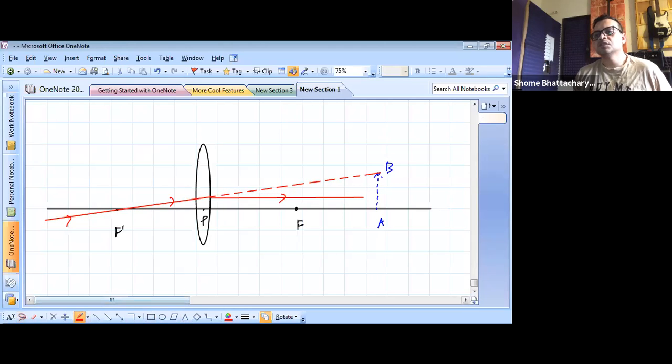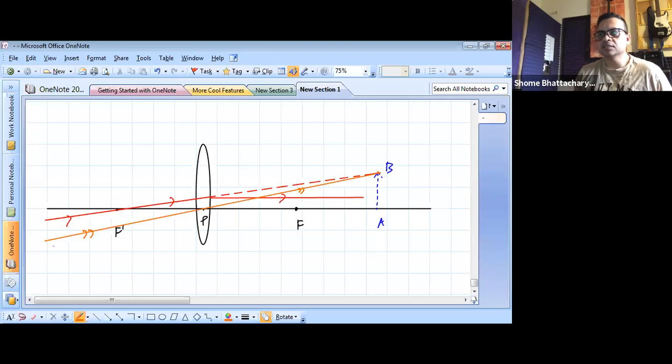And similarly, a ray through the pole will go undeviated. So there's a ray aimed at B passing through the pole, like this. As you can see, these two incident rays, had the lens not been there, would have given you this object as a point object over here.